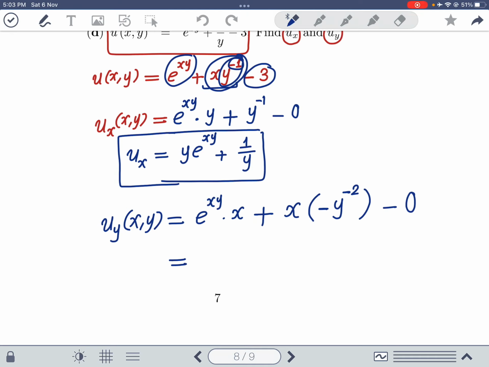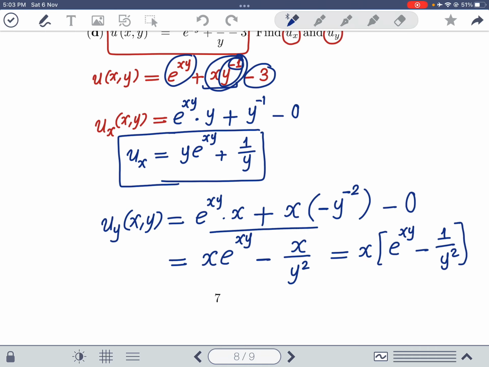So now this becomes x e to the xy minus x over y squared. Also, you can take x as a common factor if you notice here, and then you have x times e to the xy minus 1 over y squared. So it can be given in either one of these equivalent forms.